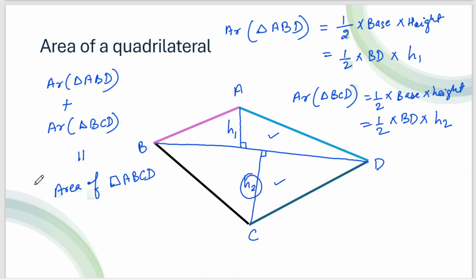Okay, so the area of quadrilateral ABCD is nothing but the sum of the areas of both the triangles. So let us add them.